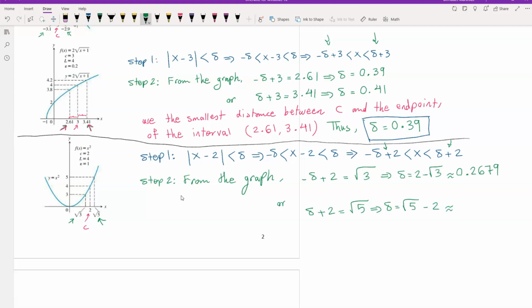And the answer rounded to four decimal places, we have 0.2361. Between these two numbers, the number that is smaller is 0.2361, meaning that the answer for delta is square root of 5 minus 2.